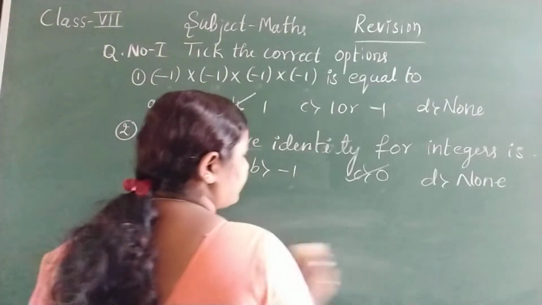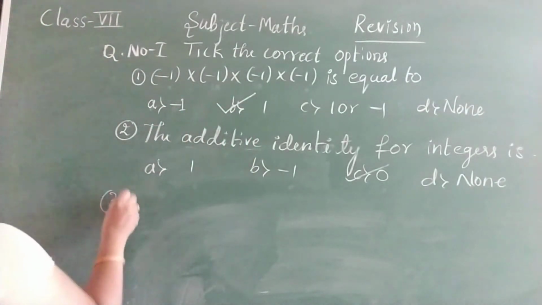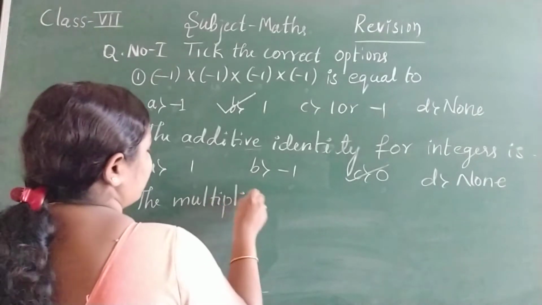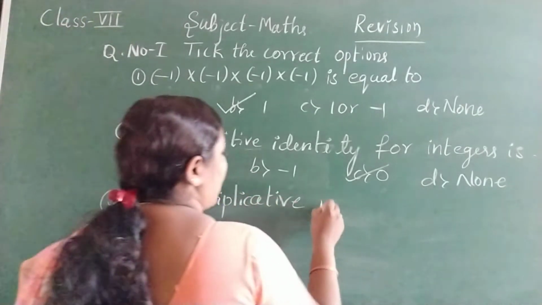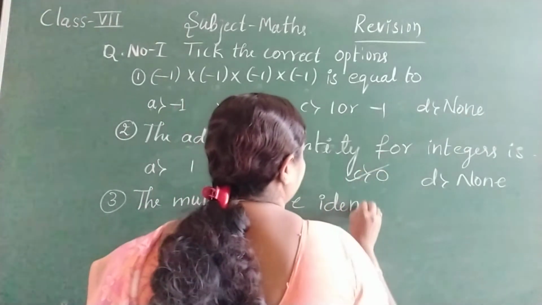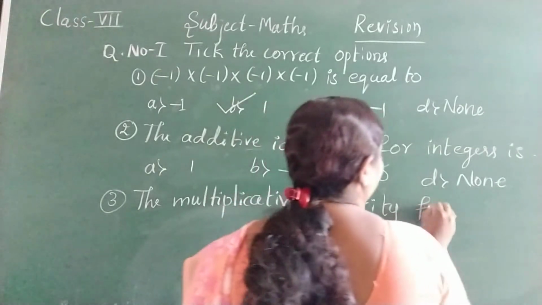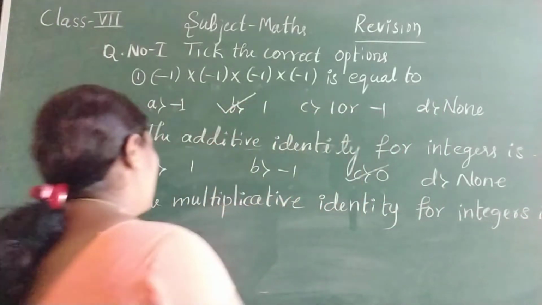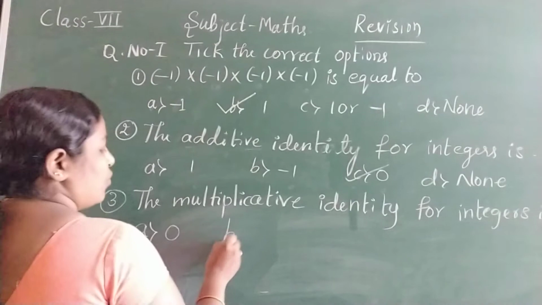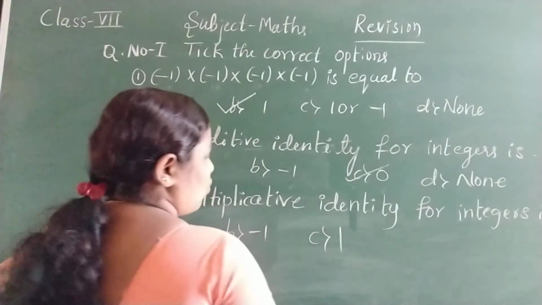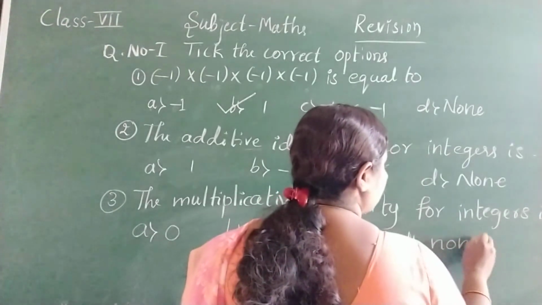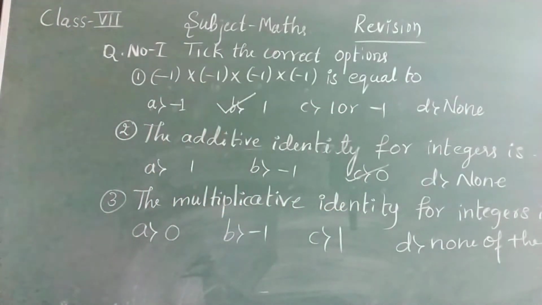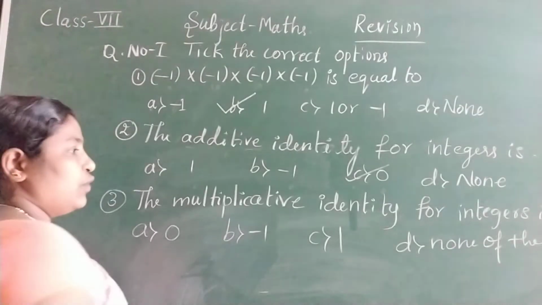Third one, the multiplicative identity for integers is: A 0, B minus 1, C 1, D none of this. What is multiplicative identity?